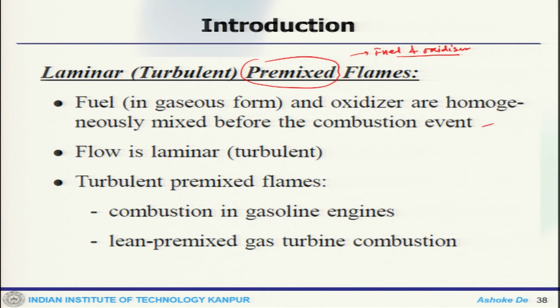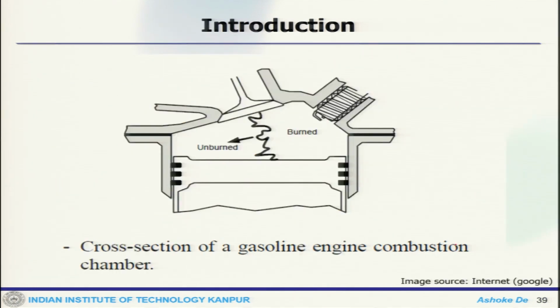Now, depending on the fluid behavior, the flow could be laminar or turbulent. So, either you can have a laminar premix flame or a turbulent premix flame. For example, a turbulent premix flame you can have in a gasoline engine, or in lean premix gas turbine combustion. These are examples of the turbulent regime, and this is a cross section of a gasoline engine, essentially your spark ignition engines used in two wheelers, four wheelers, cars, the petrol based engines.